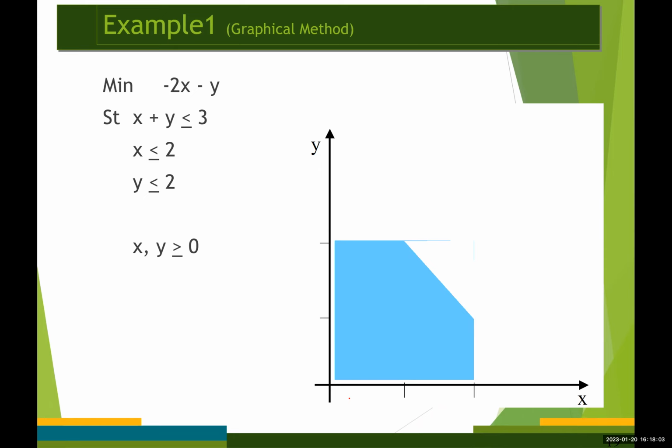Again, we have 1, 2, 3, 4, 5. 5 extreme points, 5 corner points, right? So if there is an optimal solution, then the optimal solution should be one of these extreme points. Is that right?